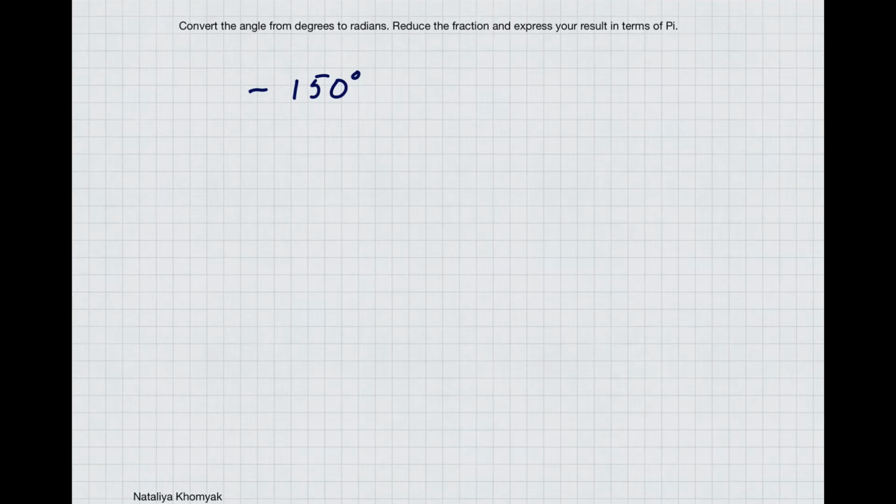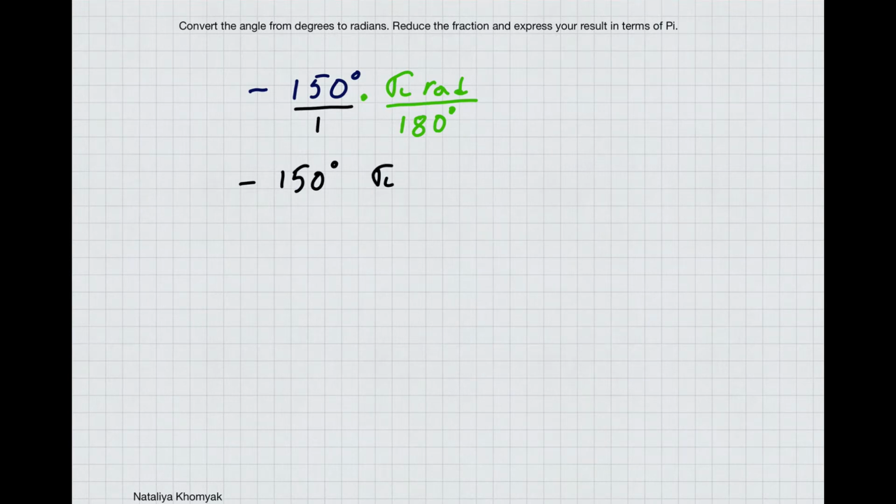Here we have to convert negative 150 degrees into radians. So let's multiply by the same fraction of pi radians out of 180 degrees. 150 is out of 1, so we have negative 150 degrees pi radians out of 180 degrees. Top and bottom can be divided by 10. 1 plus 5 plus 0, that's a 6.